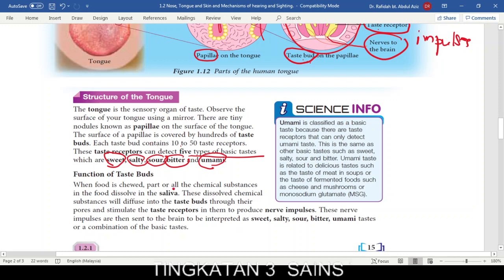The chemical substance inside the food will dissolve in the saliva, and then it will diffuse into the taste bud through the tiny pore. So that is the structure of the tongue.